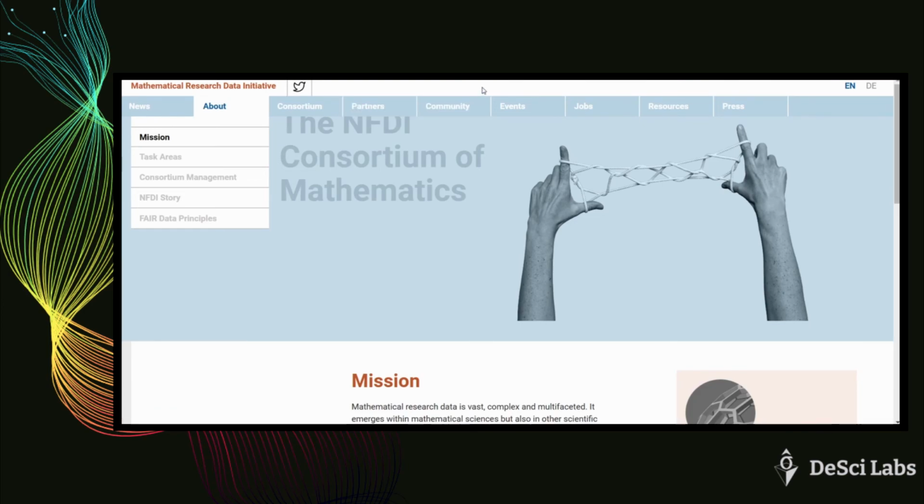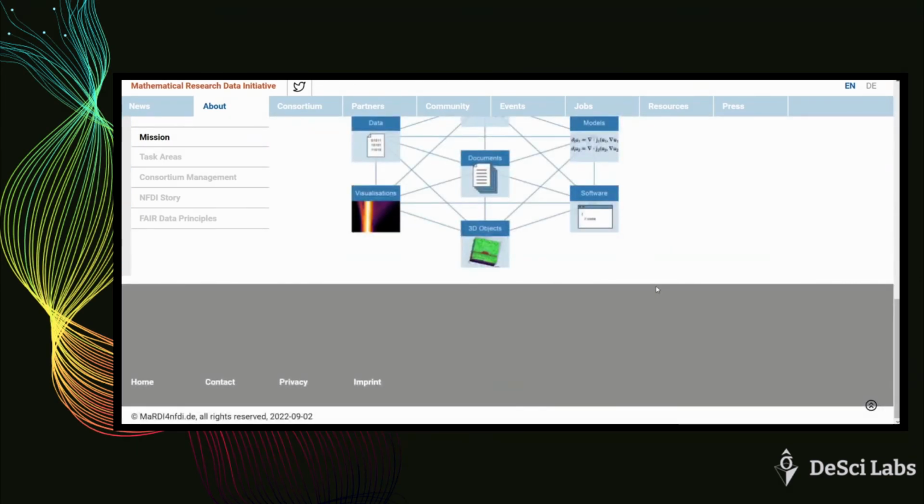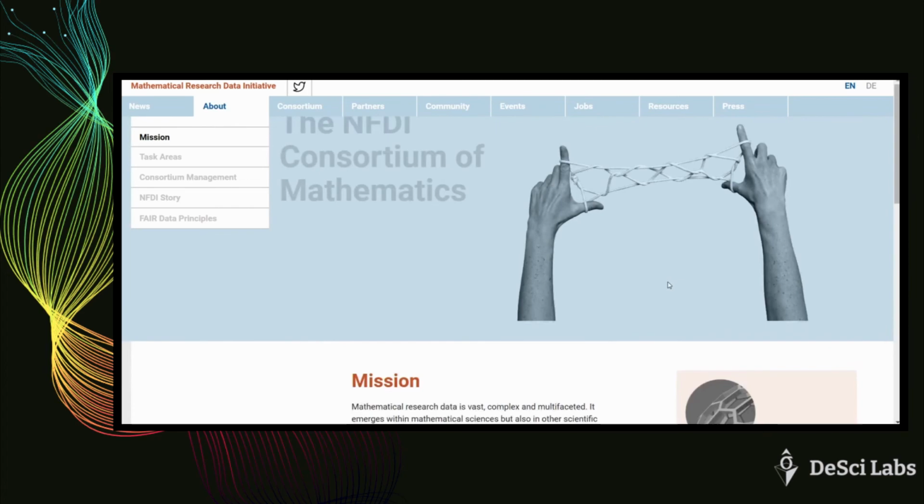The good point here is that when you search a topic, it not only pops up the papers in that domain, but also the open source software and different databases in that domain. So it has every kind of research artifact that you may need.